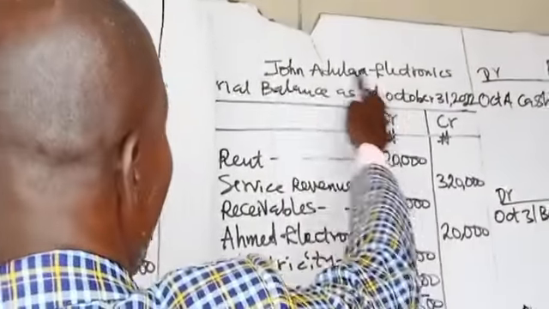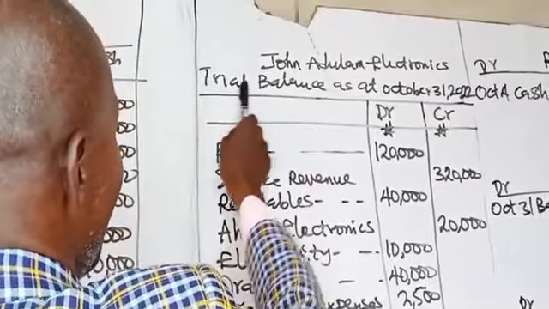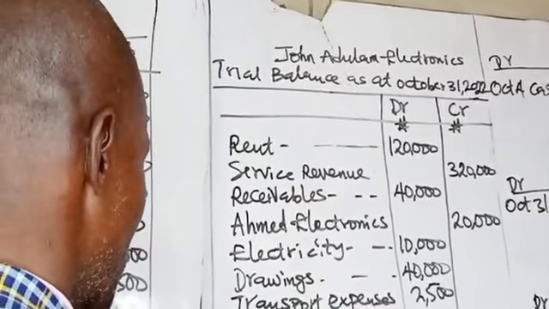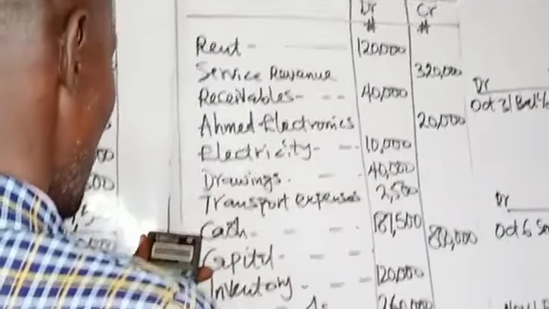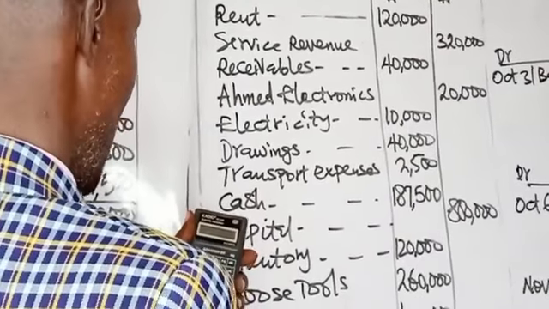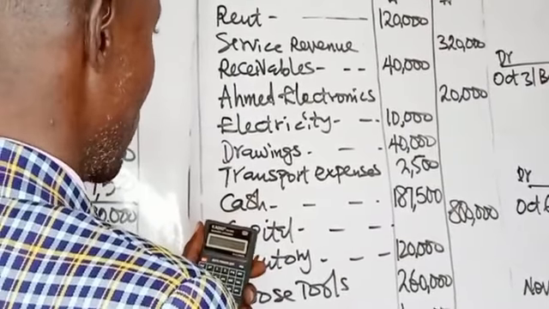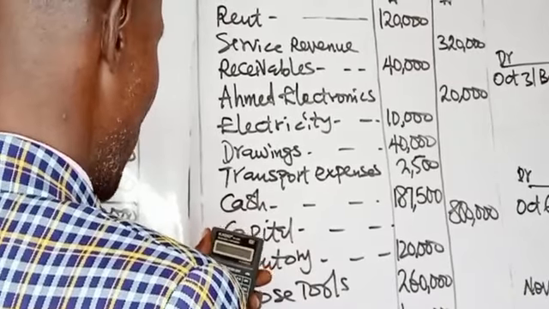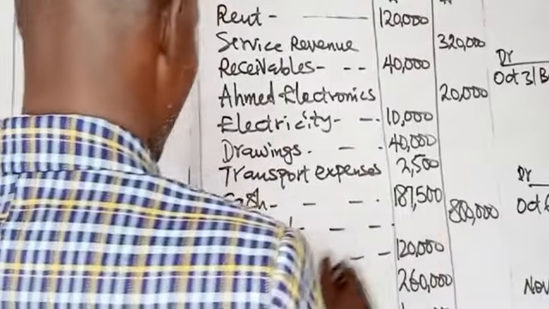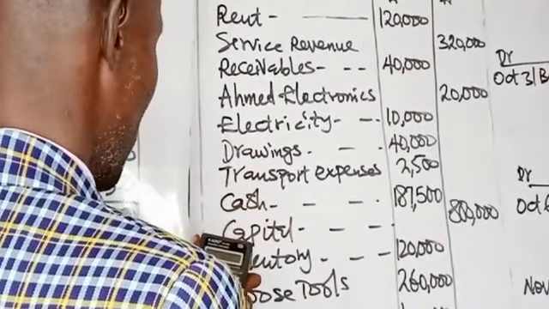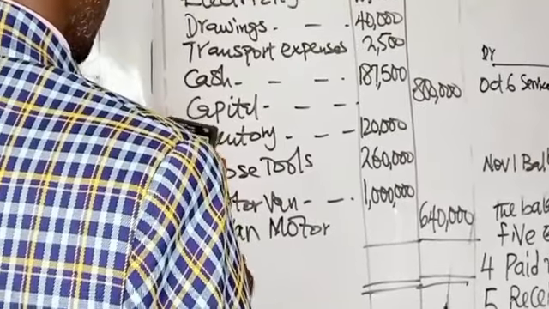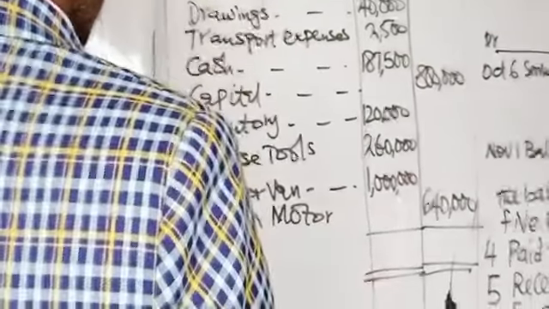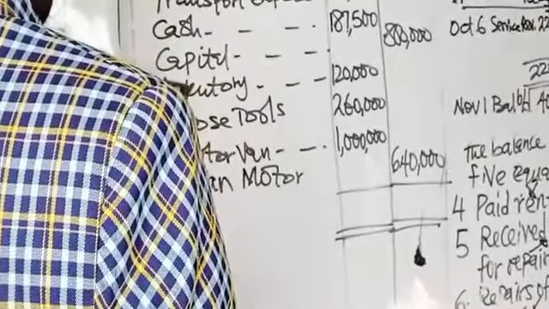Now, from the beginning, John Adulam Electronics trial balance. So 120,000 plus 40,000 plus 10,000 plus 40,000 plus 2,500 plus 187,500 plus 120,000 plus 260,000 plus 1 million naira.